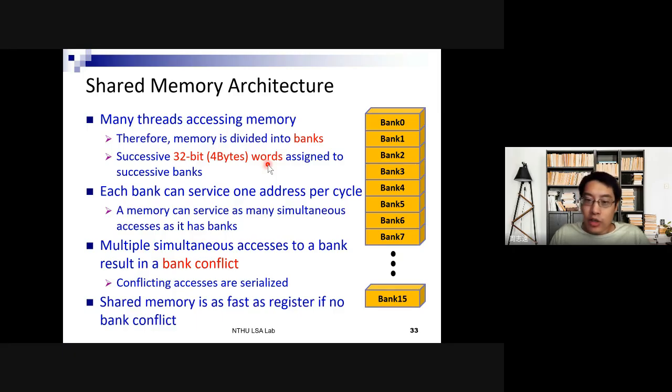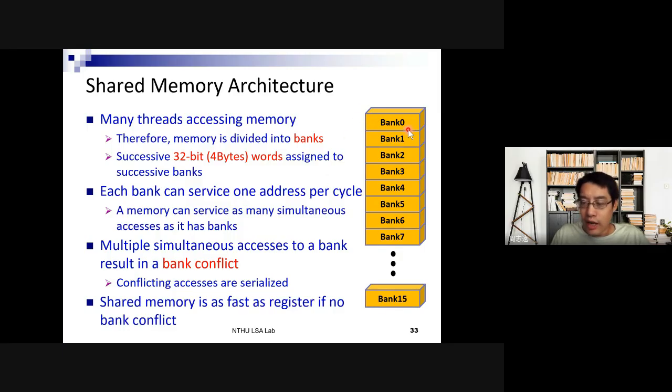So your data, when you write it to shared memory, is actually striped across those banks. So for example, say you have a 32 element integer array. Every integer, let's say, is 4 bytes. So the first element of your array will be stored on bank 0.